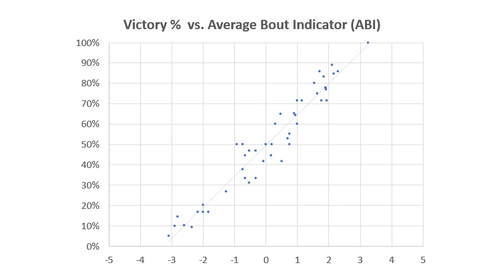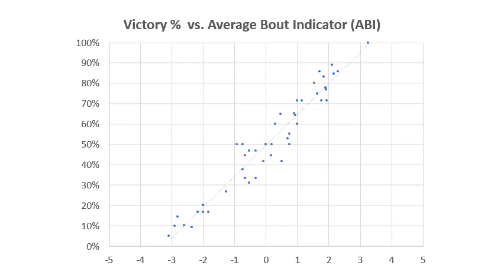An average bout indicator of 0 corresponds very closely to an expected victory rate of 50%, with most of the points falling pretty close to a line between the -3 and the +3. Now, not all of the data from every competition is going to fall in line quite so neatly, but the conclusions that we can draw from this graph will hold pretty reliably across most of the competitions that we're going to face.